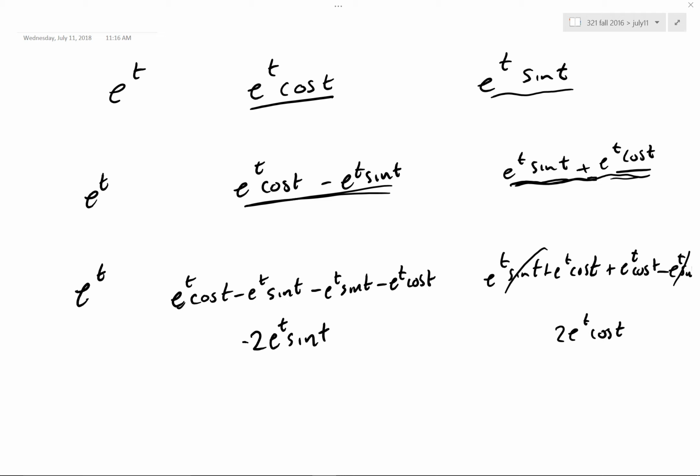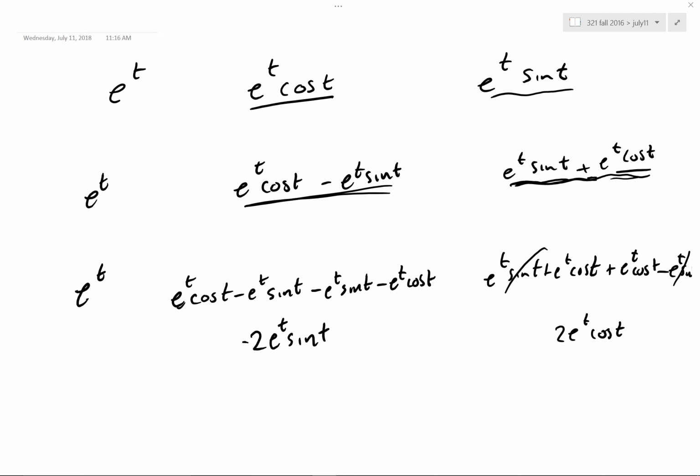Okay? And then this next deal over here is going to be very similar. So it's going to be minus 2 e to the 2t sine t minus e to the 2t cosine t, plus actually e to the 2t sine t.